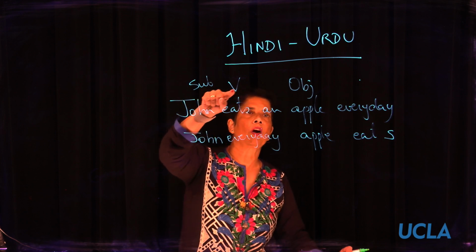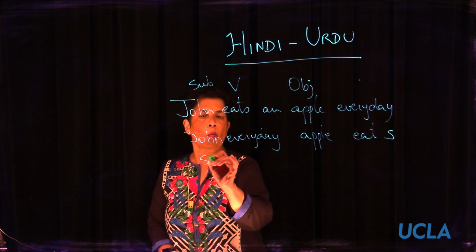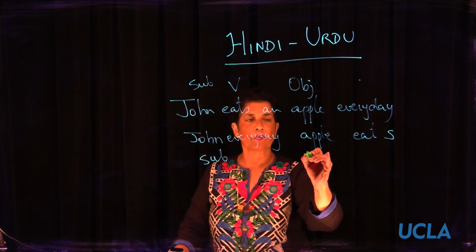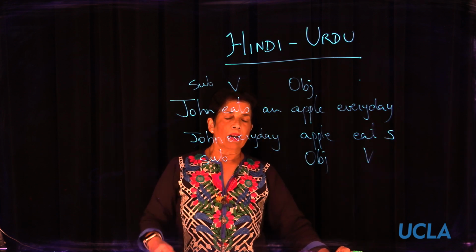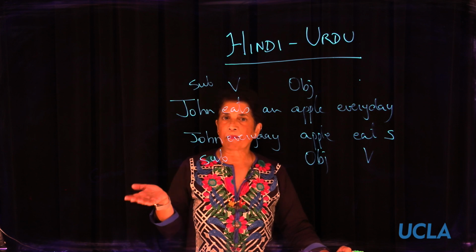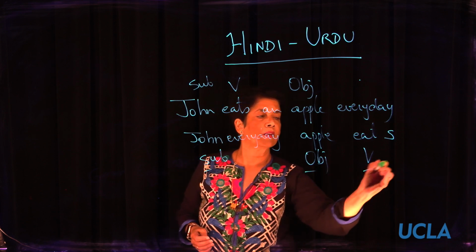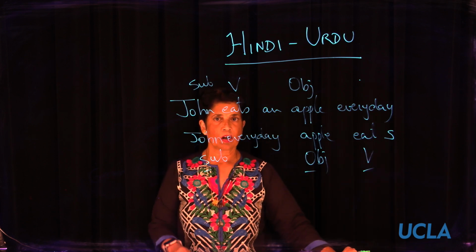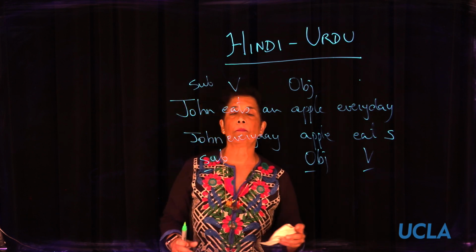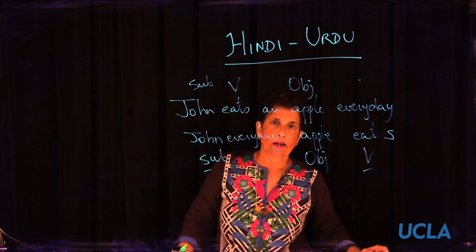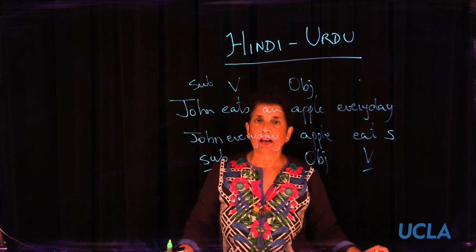That means subject, verb, object language, versus Hindi-Urdu, where we get subject, object, and then the verb. So languages like Hindi-Urdu or Japanese are SOV languages. So that's one of the first things we realize when we talk about word order in Hindi-Urdu. It is an SOV language.